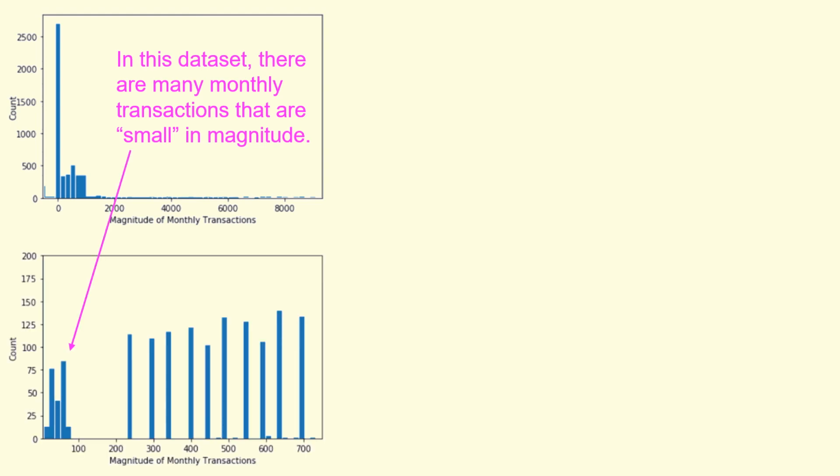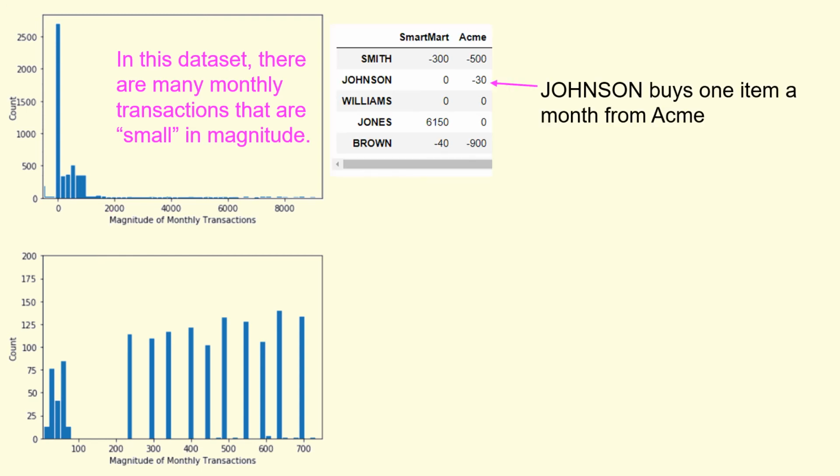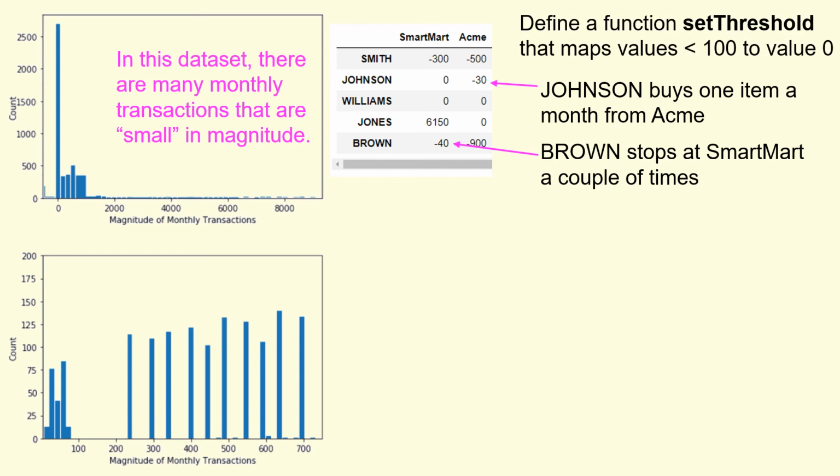So you can see those small transactions. There are lots of expenditures of less than $100 a month. For instance, Johnson buys 1 item a month from Acme. Brown stops at the Smart Mart maybe a couple of times a month at most.